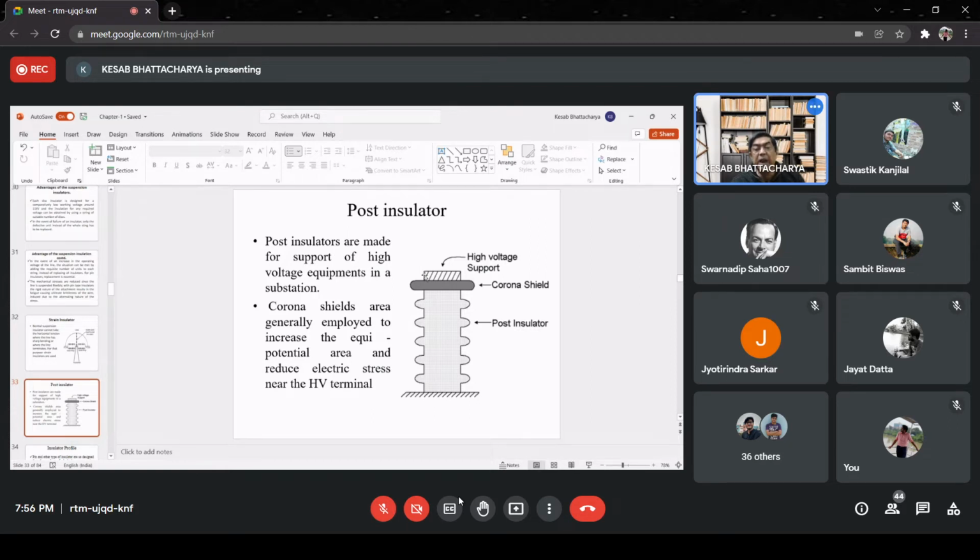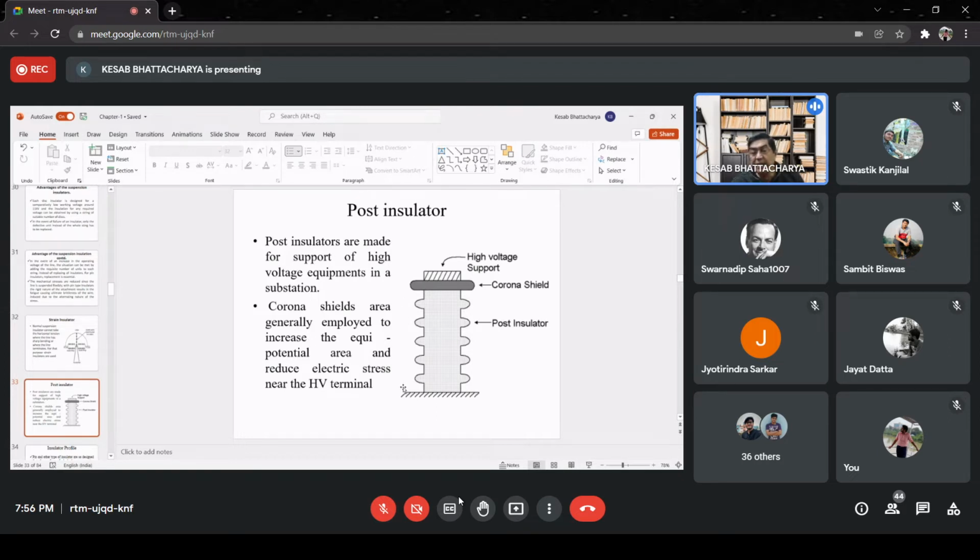Obviously, there would have been a crowding of electric field lines near this point or near this point, or even around these sharp points. Now, if you use another conducting material and place the high voltage electrode over it, then the entire arrangement is at the same high potential. Then the field lines coming out from the entire arrangement will not be crowded around any sharp point, but will be more or less widely distributed.